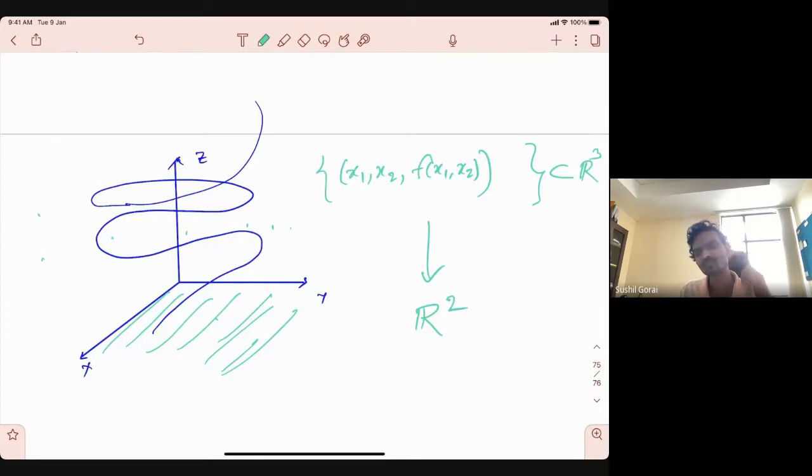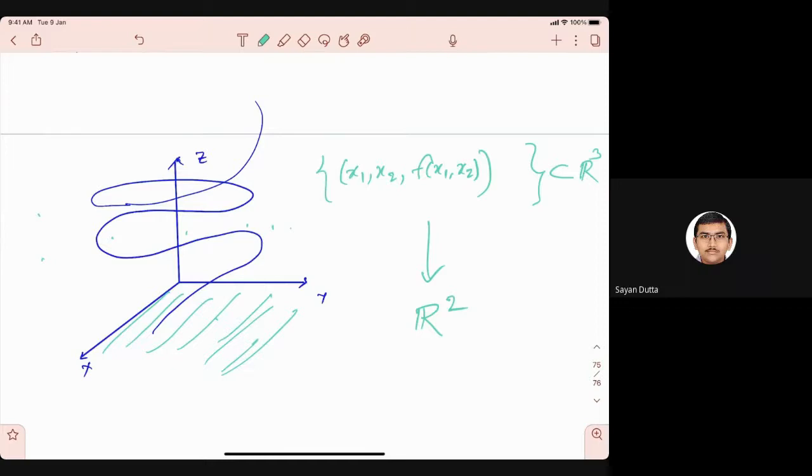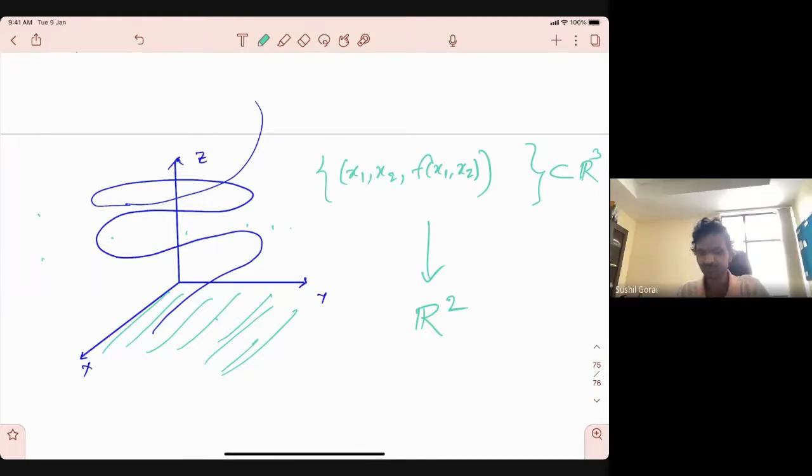Can you give a bijective map? We can take just the identity, (x1, x2). Right. The simple one.